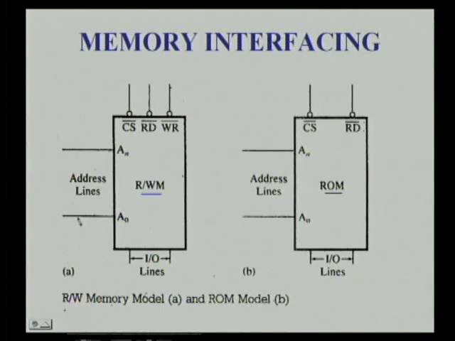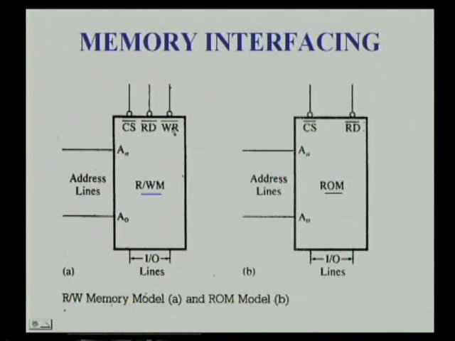It has address lines and it has data lines called IO lines, through which we can send data to or read data from the memory. And along with this we also have chip select. This CS stands for chip select, active low, hence it is chip select bar, read bar and write bar.